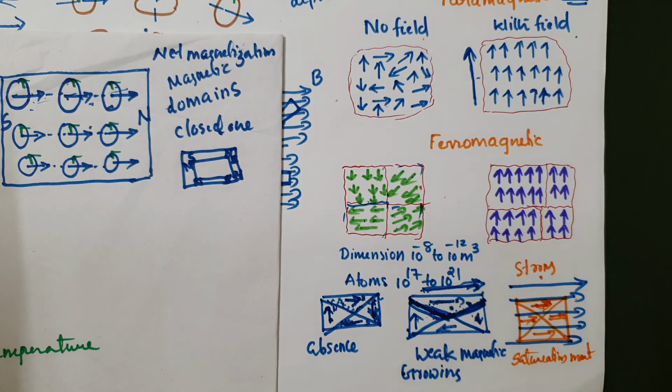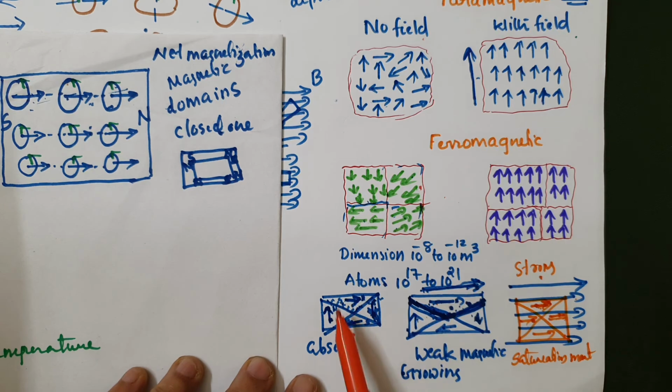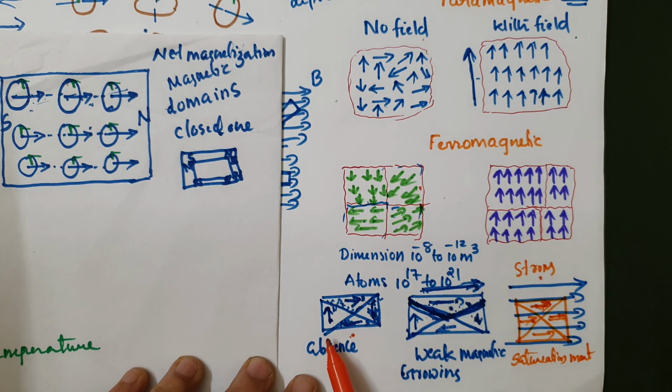So the domain theory is the basic concept of ferromagnetic material. A domain is a very small microscopic region in which the dipoles are aligned or oriented in a particular direction. In the absence of an external magnetic field, these domains form a closed loop, that is, they are oriented in such a way that the net magnetization is 0.